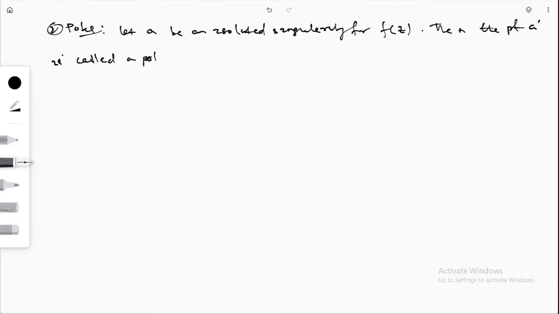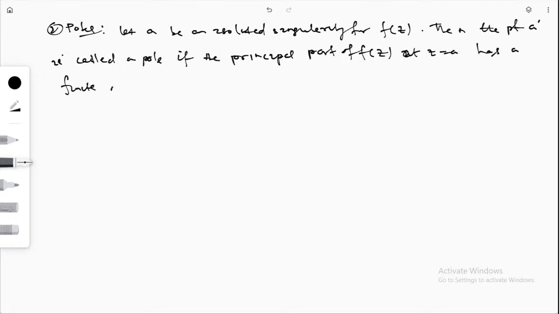if the principal part of f of z at z equal to a has a finite number of terms.